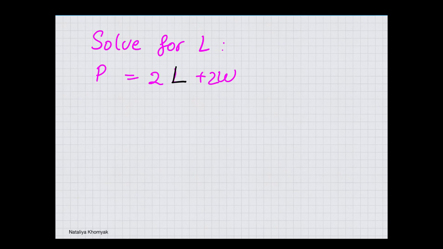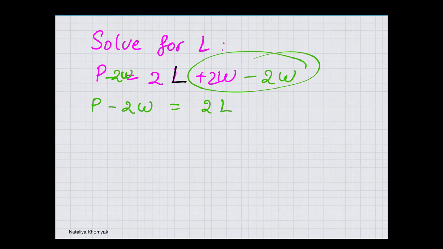For solving, you always apply additive inverses first, so minus 2W on both sides. We have P minus 2W equals 2L. This adds up to 0. L is being multiplied by 2, so the opposite is to divide by 2.